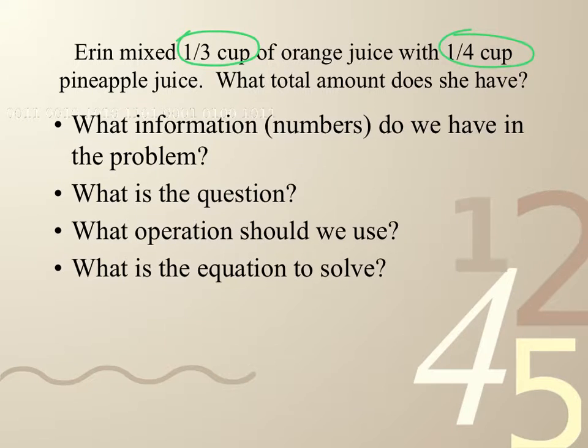I'll circle that. What is the question? What total amount does she have? What operation should we use? Well, since we want to know the total amount, I am going to use addition. We have 2 parts. When we have 2 parts, to find the missing total, we add. So the equation that we're going to solve is 1/3 plus 1/4.